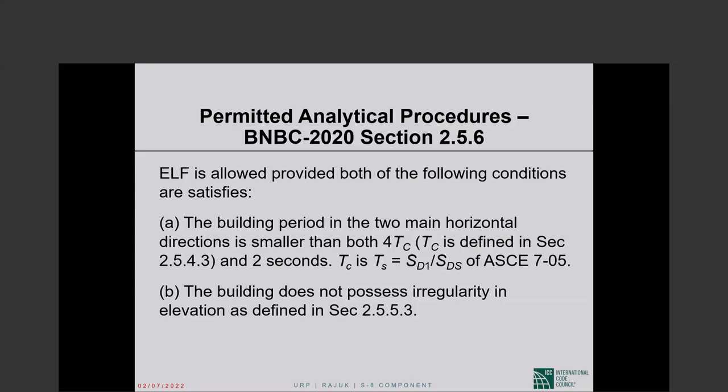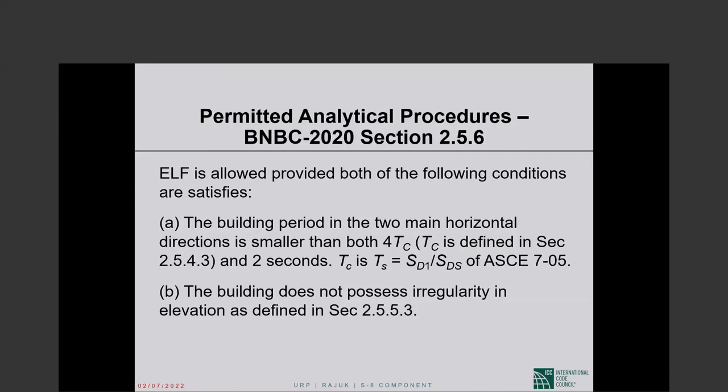I have added T sub C is our T sub S, which is S sub D1 over S sub DS of ASCE 7-05. Okay, 4 times T sub S. So ASCE 7 had 3.5 times T sub S. This is 4 times T sub S. Okay, we are in the same boat.